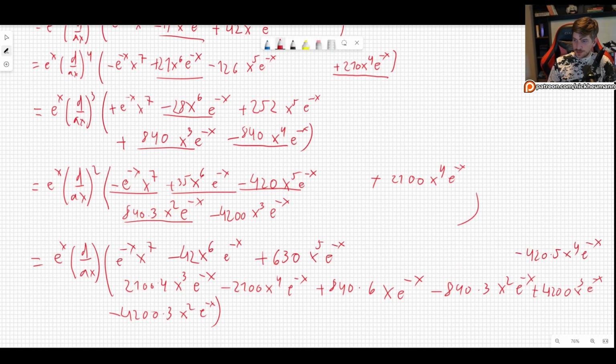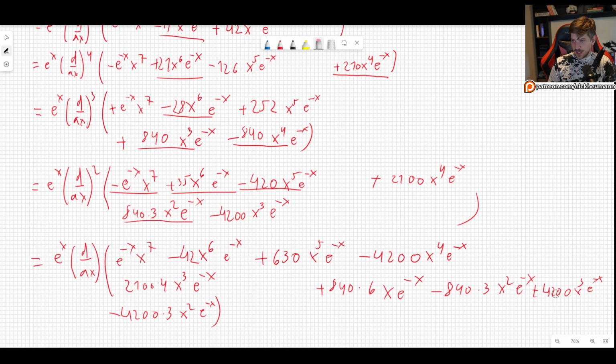Then we have to the fourth power, we have 420 times 5, or rather plus 2,100. So that gives us 4,200. So minus 4,200 x to the fourth e to the minus x. So goodbye to this and goodbye to this.